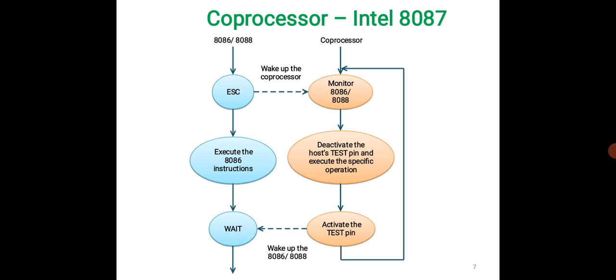So once again this will wake up the 8086 or 8088 processor. What I mean to say here is whenever it comes across the escape instruction, automatically the control will be shifted over to the coprocessor. Once the execution of 8087 related instructions is over, it will wake up the 8086 or 8088 processor once again.